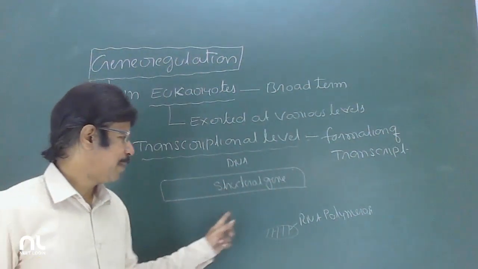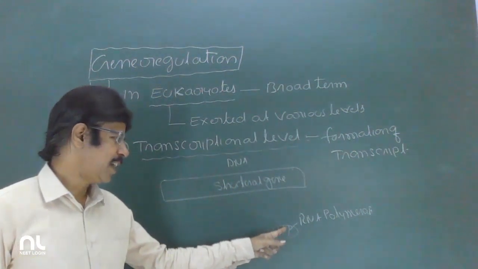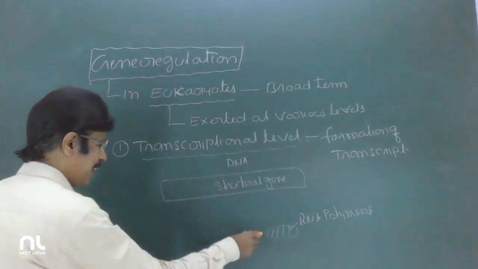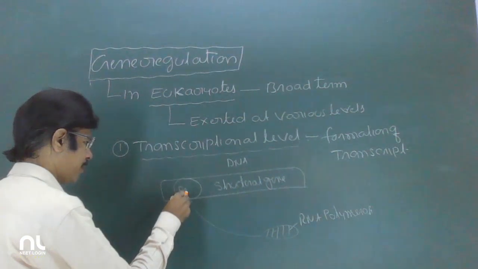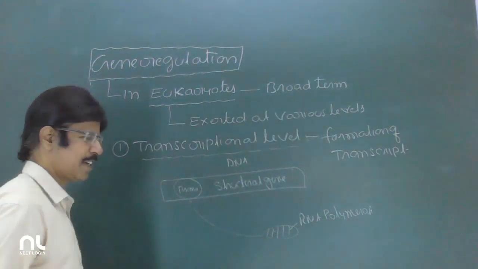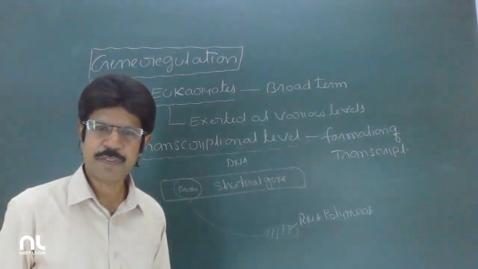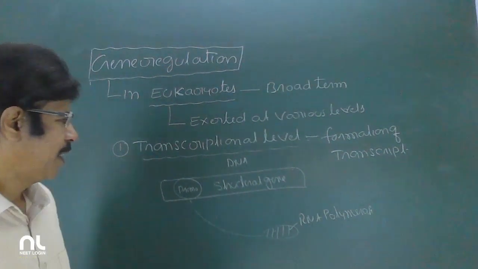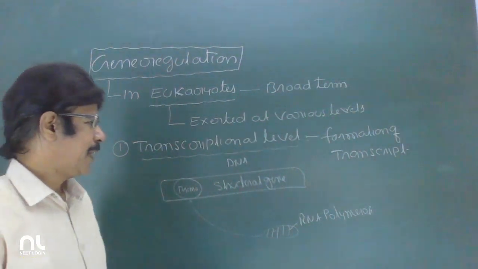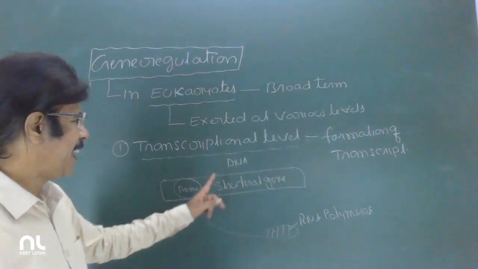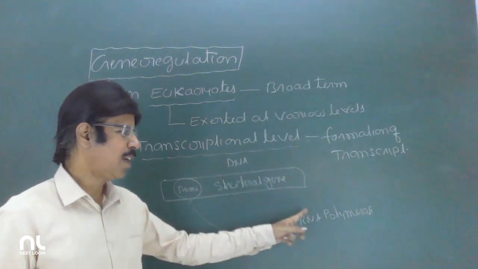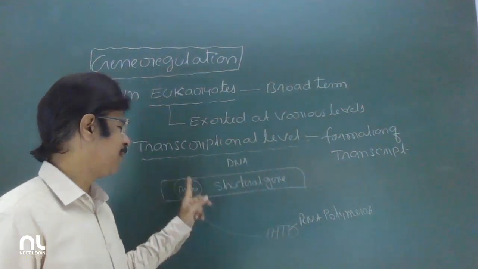To form mRNA from the structural gene, RNA polymerase has to bind where the promoter is. But some other proteins interacting with the DNA affect RNA polymerase in detecting the promoter.